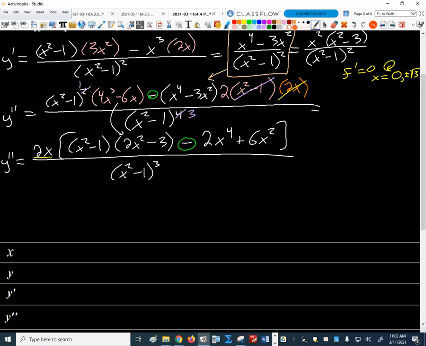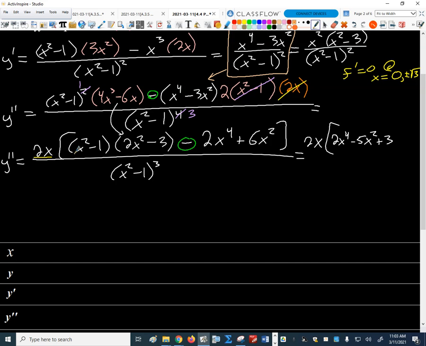So now we just have to clean up a bunch of stuff. I've got my 2x out front. What if I expand all this out? What am I going to get? If I FOIL that out, I'm getting 2x to the 4th, minus 3x squared, minus 2x squared is minus 5x squared, plus 3.